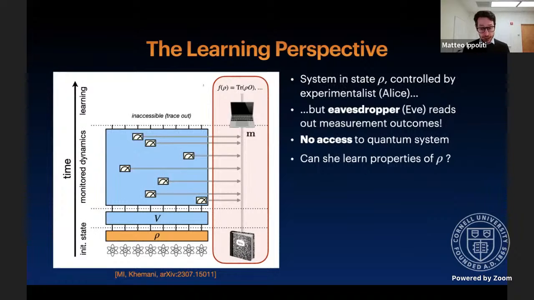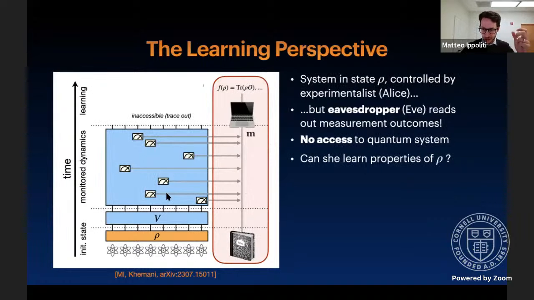Now we take a different perspective, which is what we call the learning perspective. In this perspective, you are an eavesdropper, somebody who's not directly in control of the experiment, but you are confined to this red bubble here. You only have access to these classical measurement outcomes. You can read the lab notebook, but not the experiment itself.